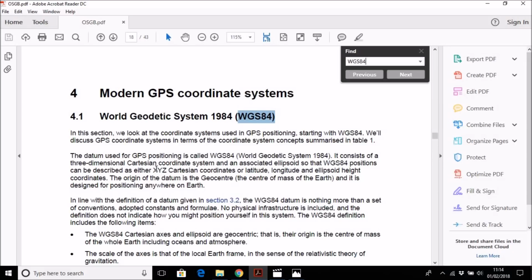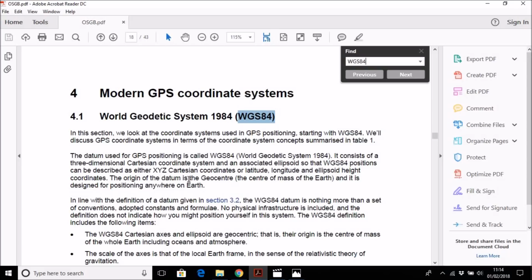It consists of a three-dimensional Cartesian coordinate system and an associated ellipsoid, so that WGS84 positions can be described as either XYZ Cartesian coordinates or latitude and longitude and ellipsoidal height coordinates.